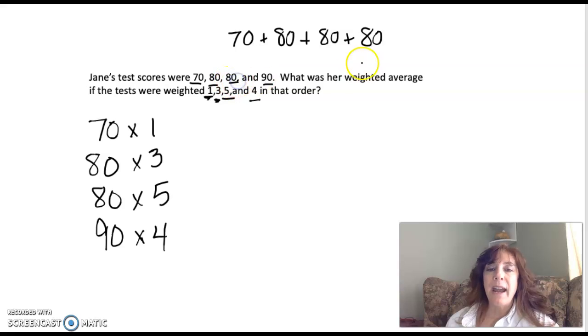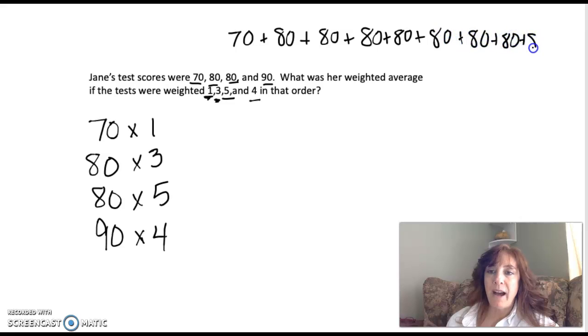The third score, 80, counts 5 times. 1, 2, 3, 4, 5. And you can see this takes a lot of time to write out. And then the 90 counts 4 times because that's the weight of it right here. So 1, 2, 3, 4.